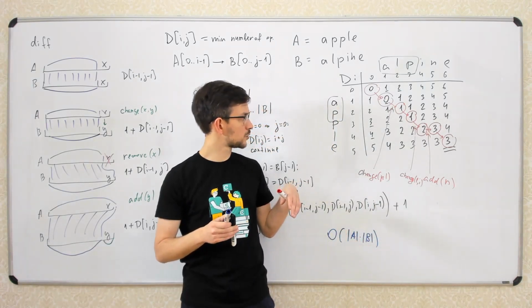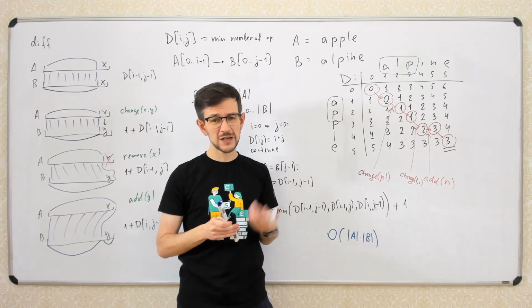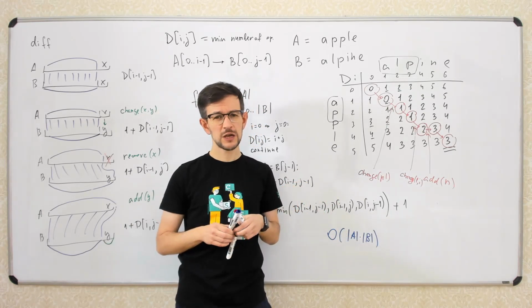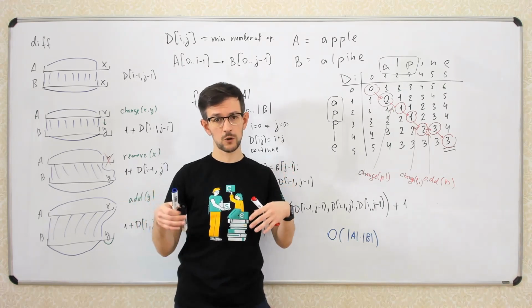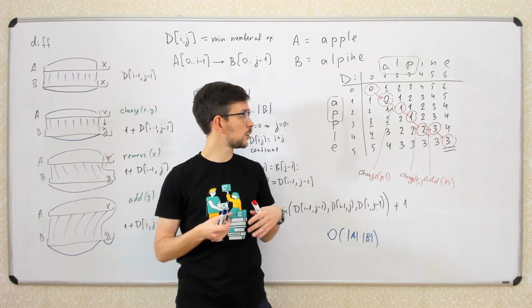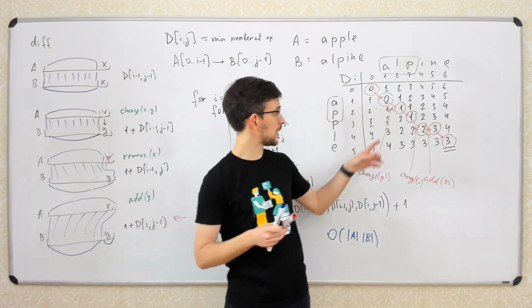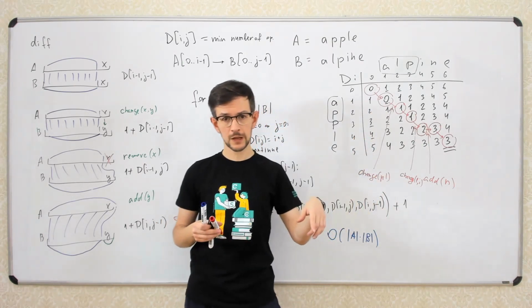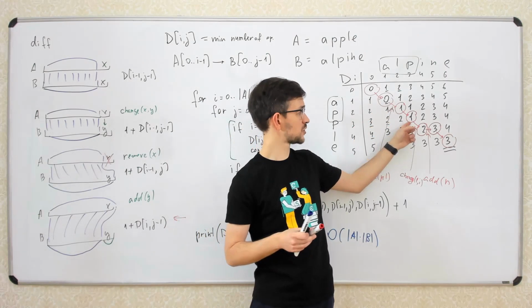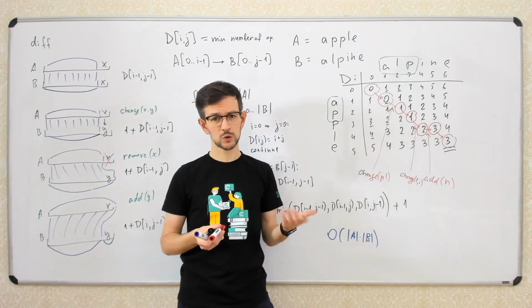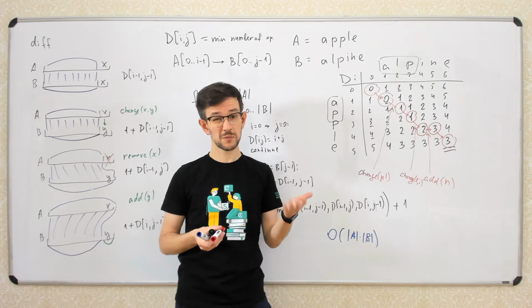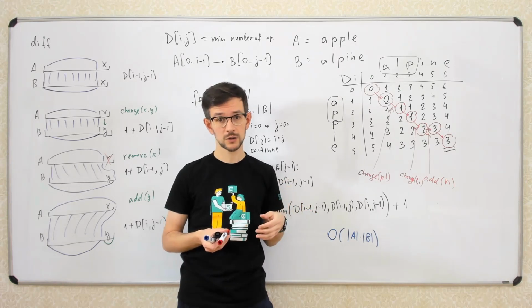We will not discuss it today, I believe, but the idea is pretty much the following. If you have two big files, but the difference is pretty small, what you may do is maintain not the whole table, but only the part where the difference is small. If the difference at some position is too big, you don't need this position, because usually it's not optimal.